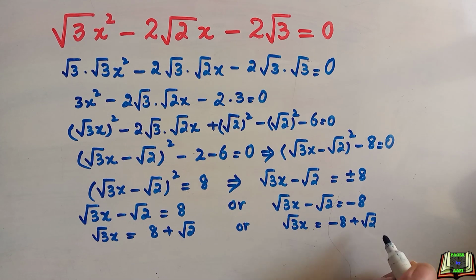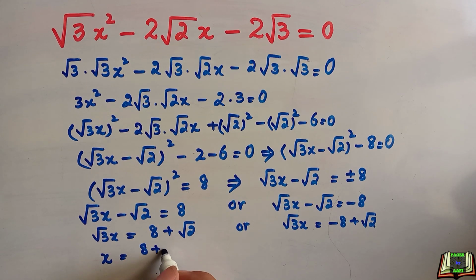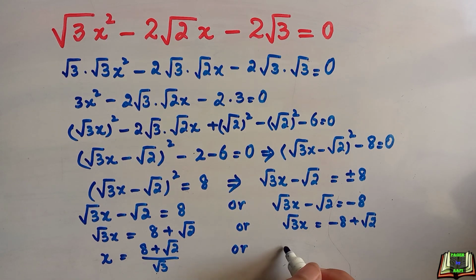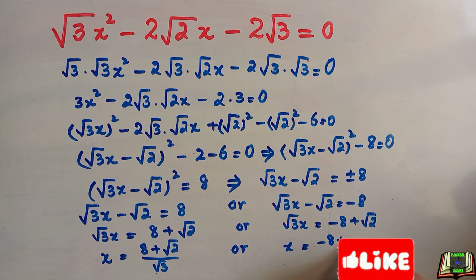As we have to find the roots, we have to find the value of x. So this root 3 will be divided: x is equal to root 8 plus root 2 over root 3, or x is equal to minus root 8 plus root 2 divided by root 3.